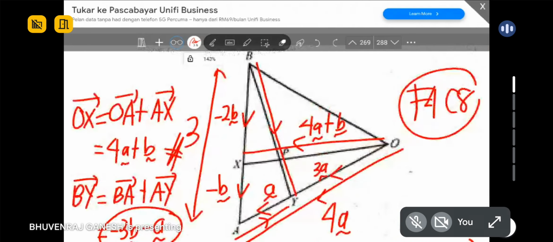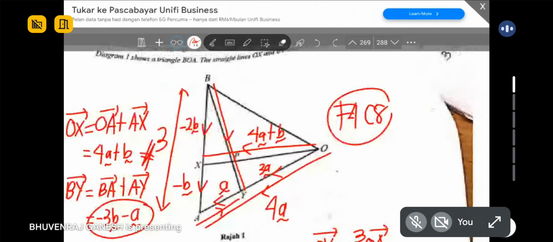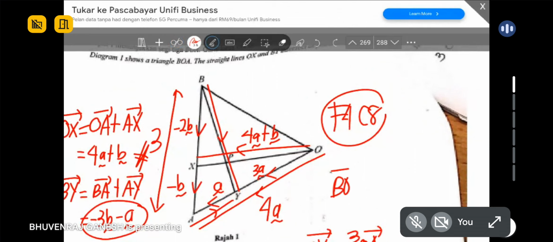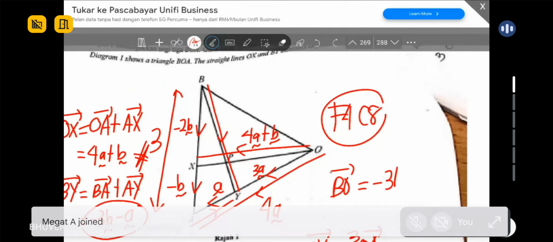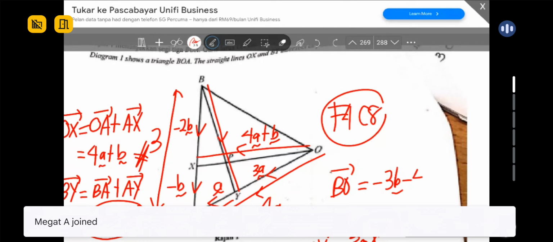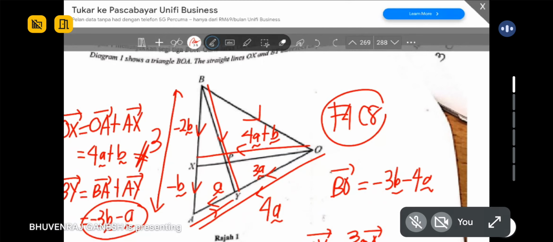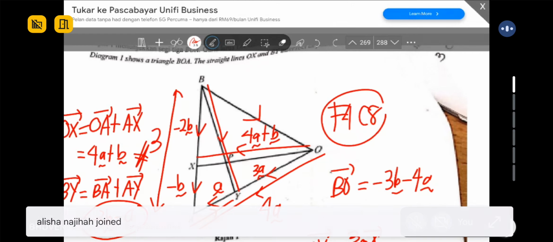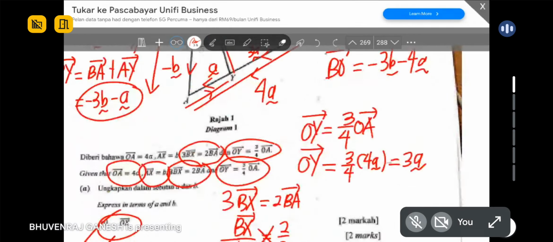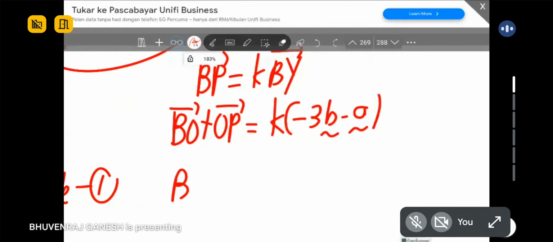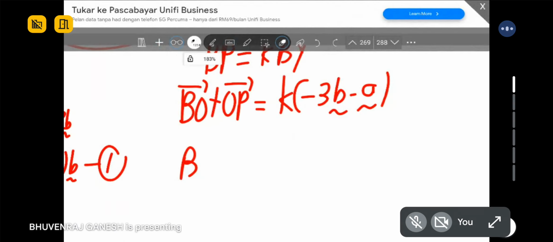BO you can find. Am I right? BO is actually negative 3B minus 4A, because BO is BA plus AO. BA is negative 3B, AO is negative 4A. So negative 3B minus 4A.